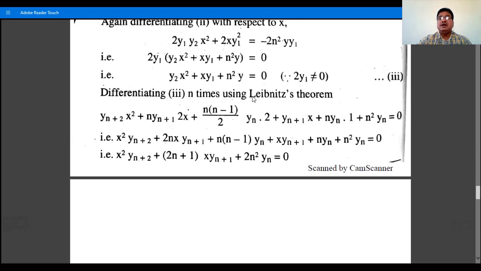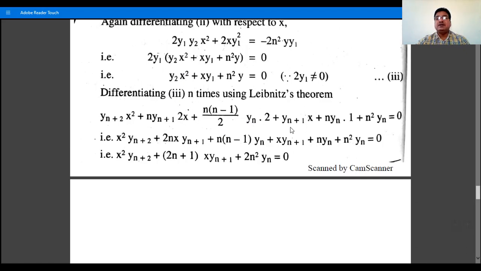Differentiate this equation n times using Leibniz theorem. So we have u_n, the nth order derivative of y2, which is y_(n+2), times v, as it is, plus the next term nC1, that is n, times y_(n+1), v1 is 2x, then n(n minus 1) by 2 factorial, times y_n, with the second order derivative v2 is 2, and the remaining terms are 0.